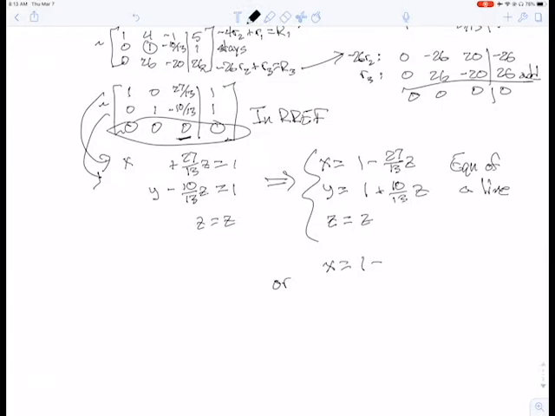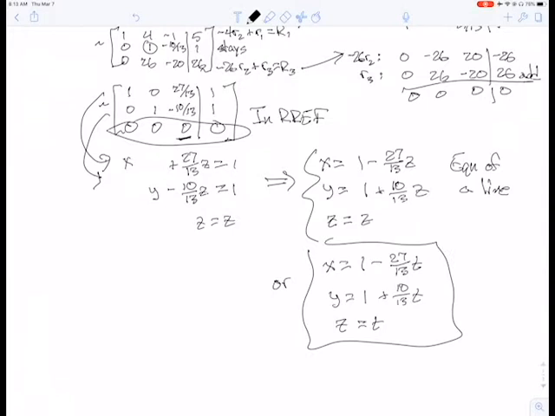So I have x equals 1 minus 27/13 t, y equals 1 plus 10/13 t, and z equals t, and that is my solution. It's a line. This line goes through the point 1, 1, 0, and has direction vector negative 27/13, 10/13, 1.